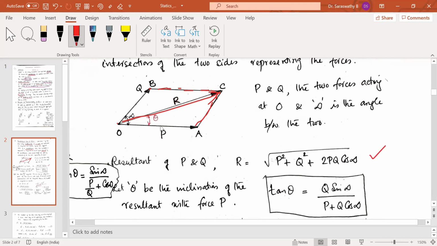And the angle which the resultant makes with the force P is given by the formula tan theta equals Q sine alpha divided by P plus Q cos alpha. Or this can also be put in another form. This tan theta is also equal to, dividing throughout by Q, sine alpha divided by P by Q plus cos alpha.